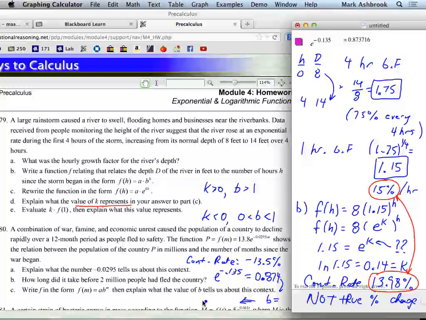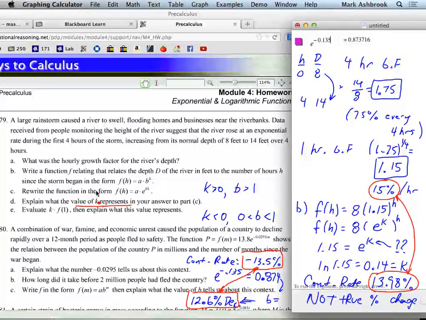Is that 12.6? Yeah, you could say 12.6% decrease, or negative 12.6. But anyway, these are the numbers we're comparing, right? The continuous rate of negative 13.5 and the true rate of decrease of 12.6.